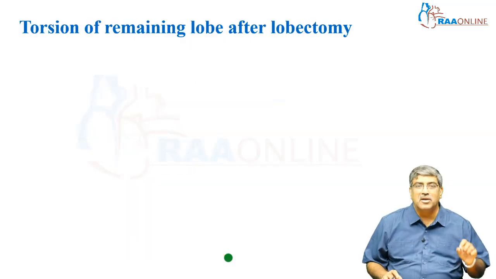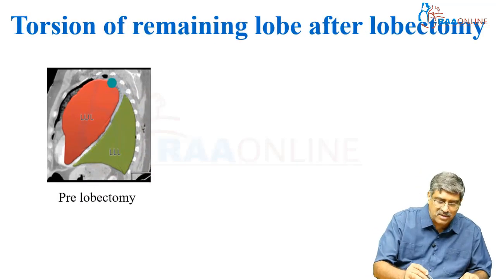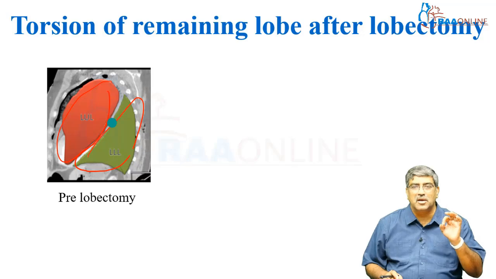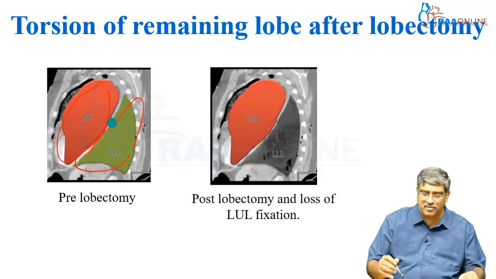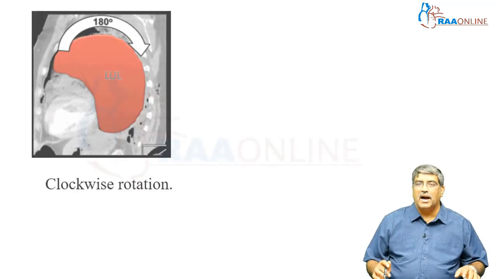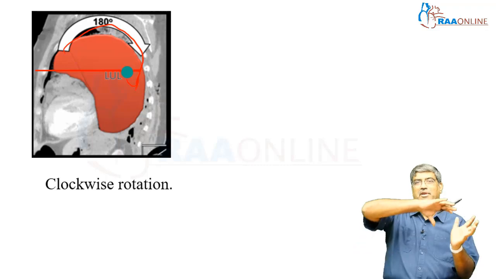Now coming to the torsion of the remaining lobe after lobectomy. Here you can see the left upper lobe and the left lower lobe. The left lower lobe is being removed due to disease of the lung. Here you remove the left lower lobe and you can see there is a 180-degree torsion of the left upper lobe.